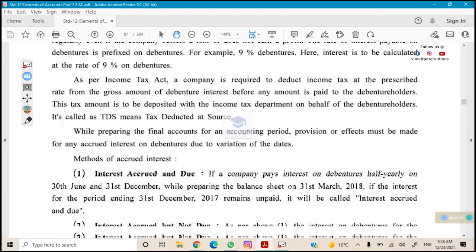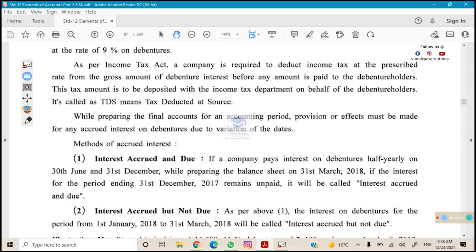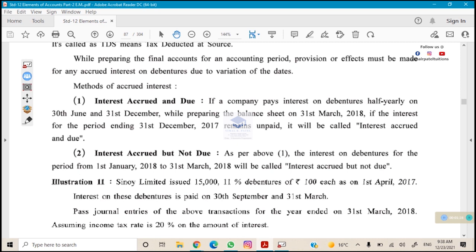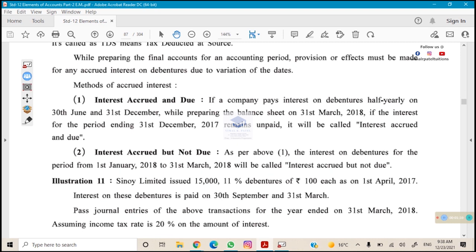While preparing final accounts for an accounting period, provision or effect must be made for accrued interest on debenture on different dates. Now, interest accrued and due. If a company pays interest on debenture half yearly on 30th June and 31st December, while preparing the balance sheet on 31st March, if the interest for the period ending on 31st December 2017 remains unpaid, it will be called debenture interest accrued and due.